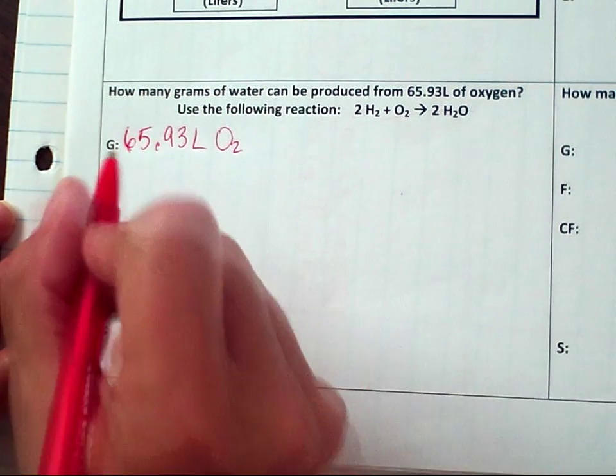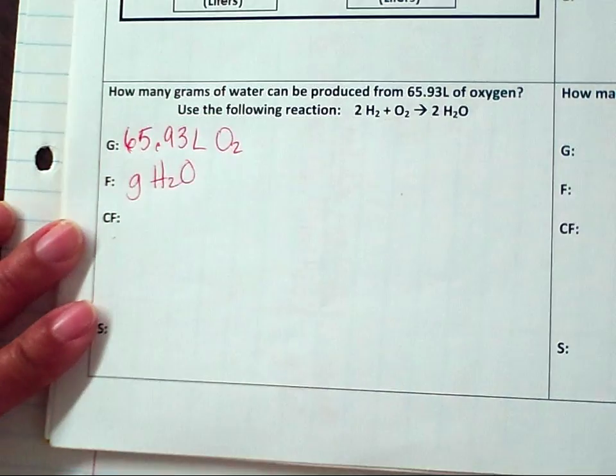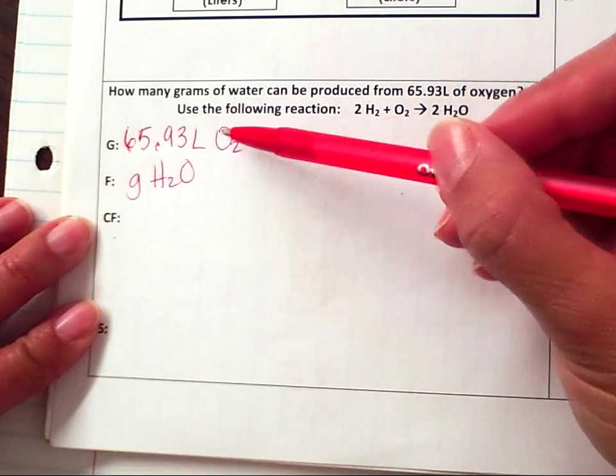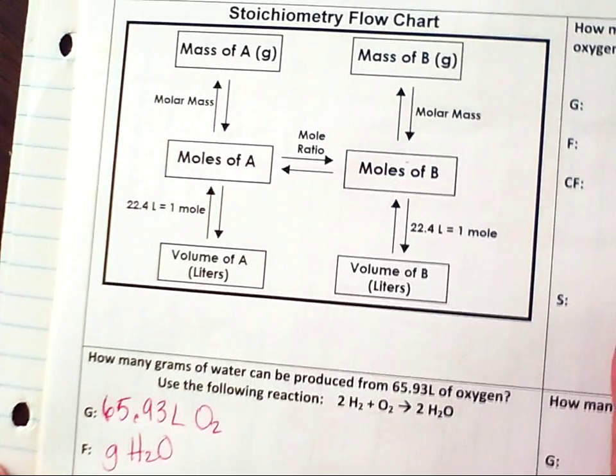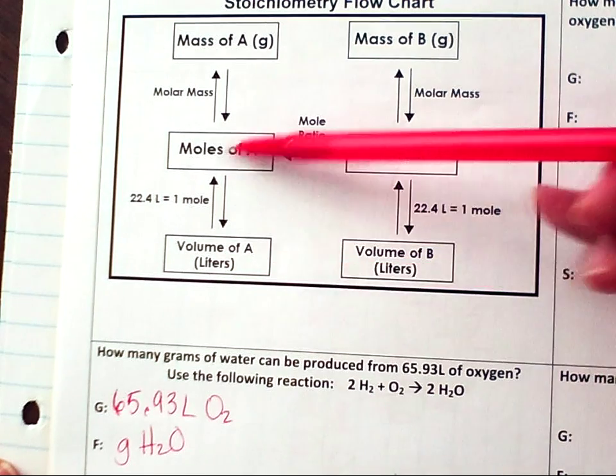We're trying to find grams of water. Okay? 3-step conversion. Look, we're going from liters to mass. That means we start off here. We're going to go this direction.